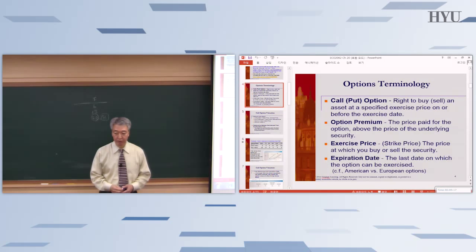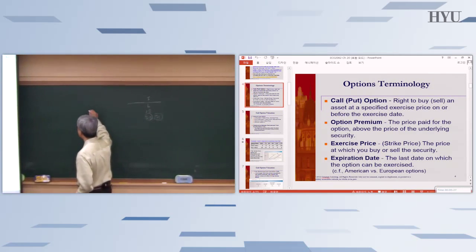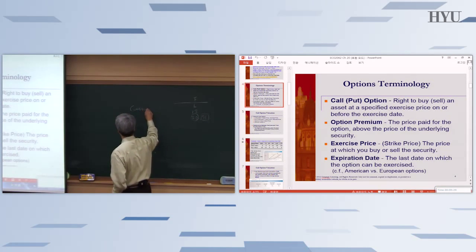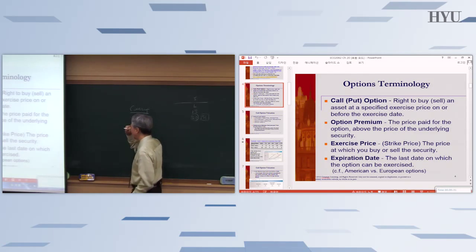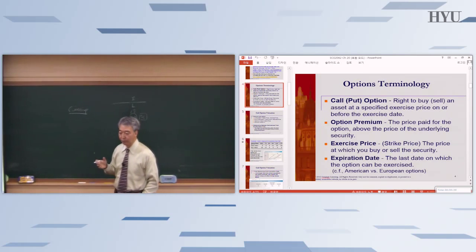Let me just give you a couple of examples. Who would use this option? Let's say covering. Usually, investors use options to cover, which means to limit the risk on their trade.